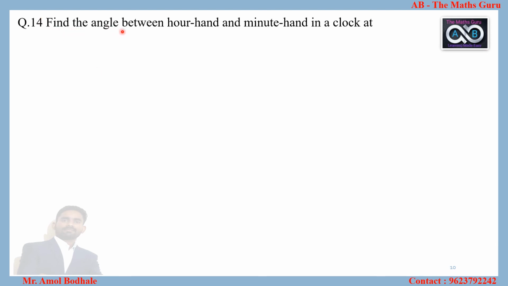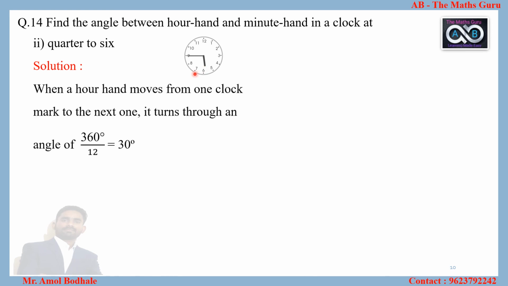Find the angle between hour hand and minute hand in a clock at 5:45. 5:45 means the minute hand is at mark 9 and the hour hand is close to 6.